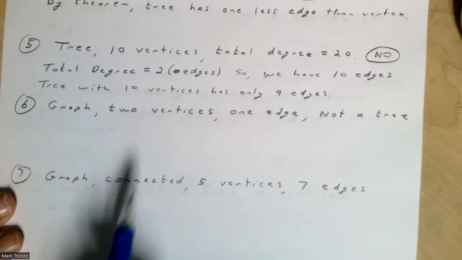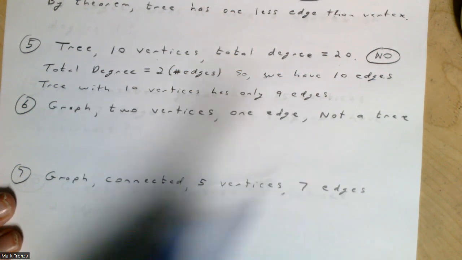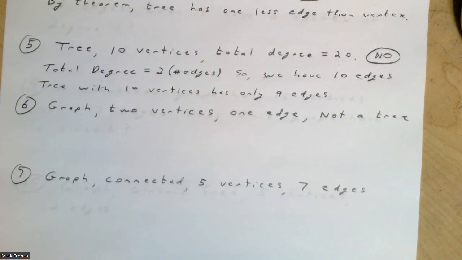How about a graph that has 2 vertices and 1 edge, yet it's not a tree? Two vertices and 1 edge and not a tree. So is it possible to come up with something like that?